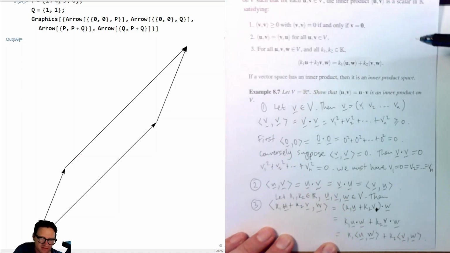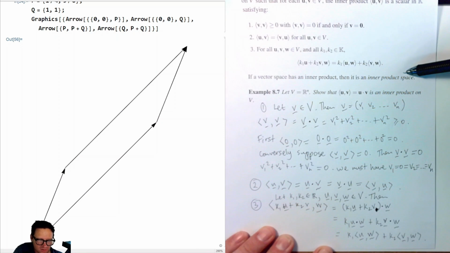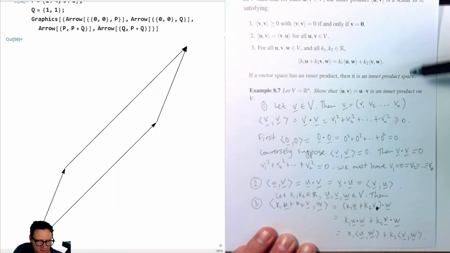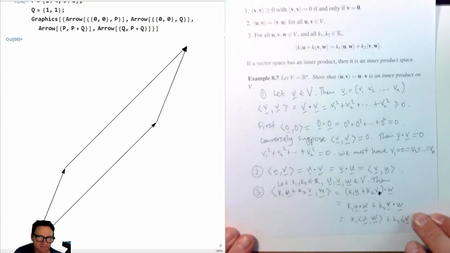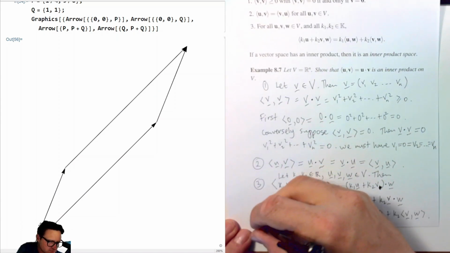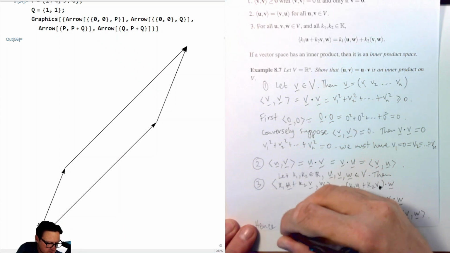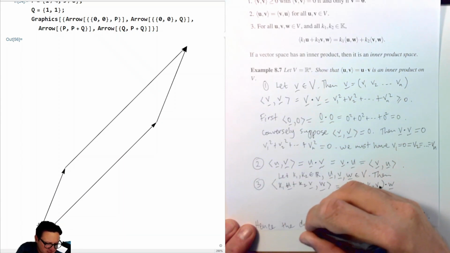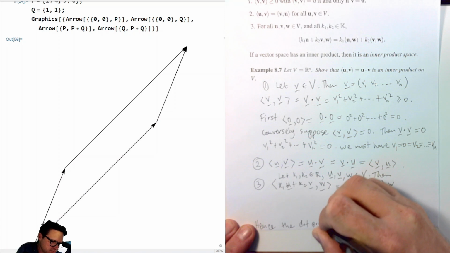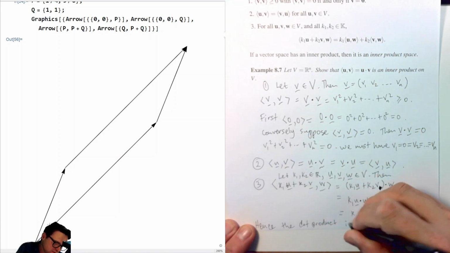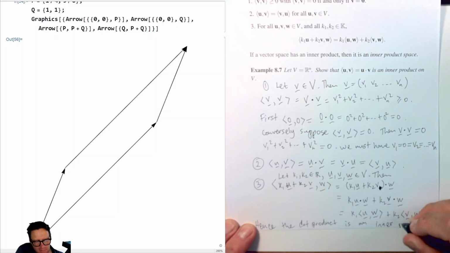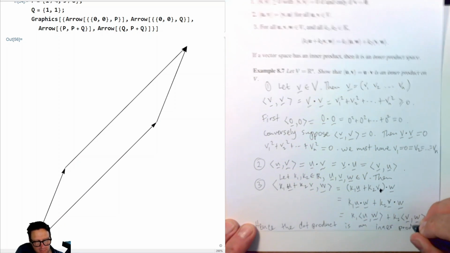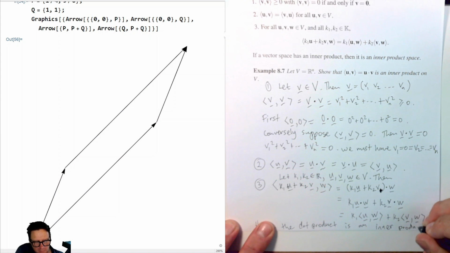Okay, so we have checked that all 3 of these hold, and so we deduce then that the dot product, or scalar product, is an inner product on R3.